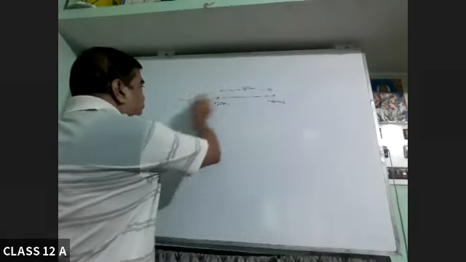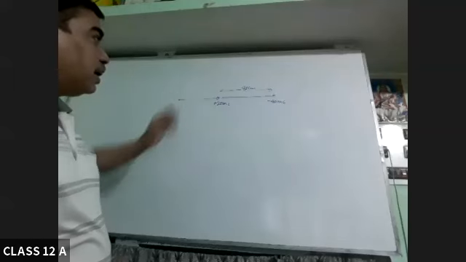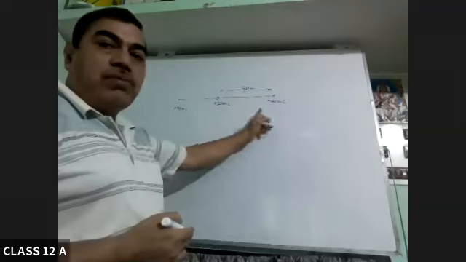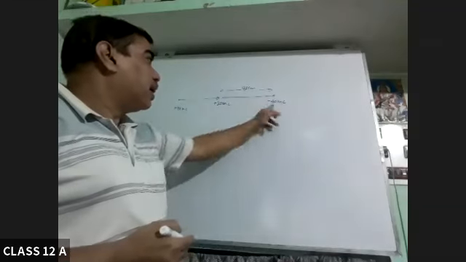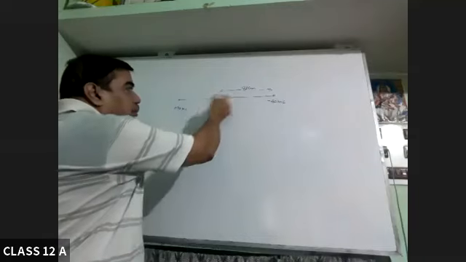We can't place this side. If you are placing plus 90 millicoulomb this side, what will be? This will be repelled, 20 millicoulomb will be repelled, and it will be attracted by this. So due to this, both the charges will experience force in same direction. So this can't be in equilibrium.